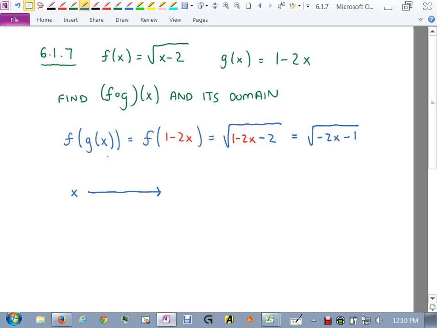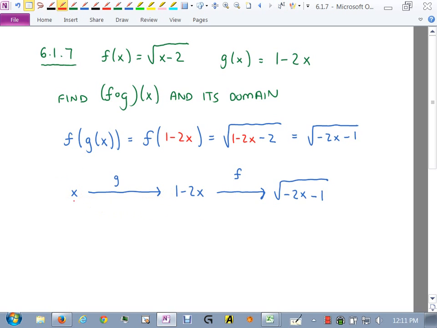x is going to go into what function first? g. And when it goes through g, it comes out as 1 minus 2x. Then that answer is going to go through the f function. It's going to come out as the square root of negative 2x minus 1. Let's talk about this first piece of the chain.